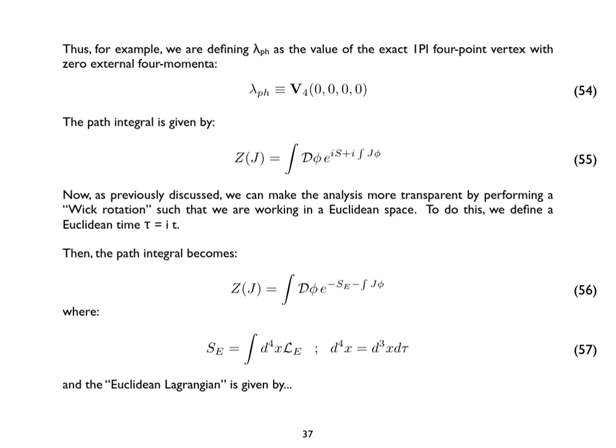We have some freedom in how we define the exact vertex when we renormalize it, and we typically set the coupling by taking our expression, setting all the external momenta to 0, and comparing with the experiment. That's how we extract the coupling.